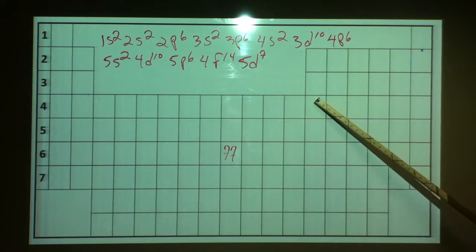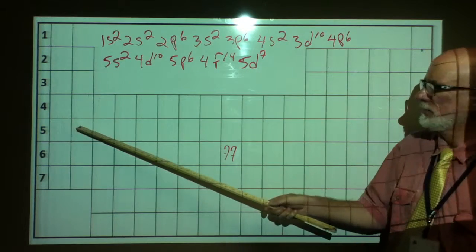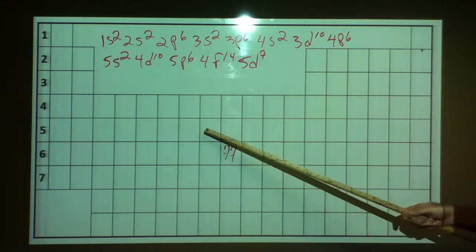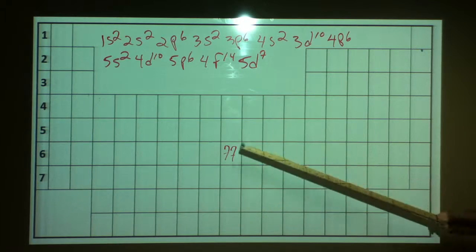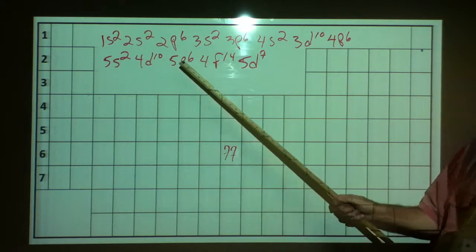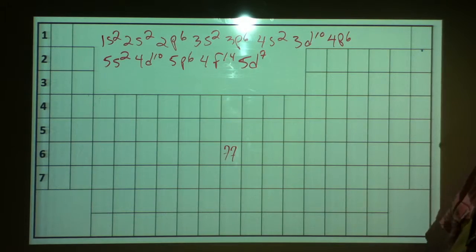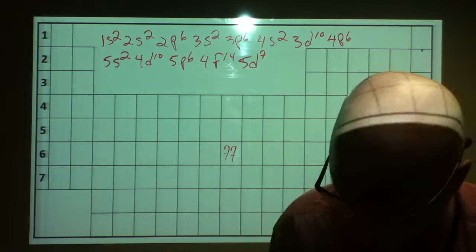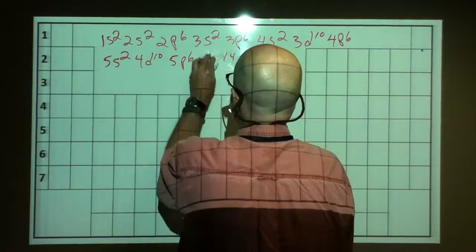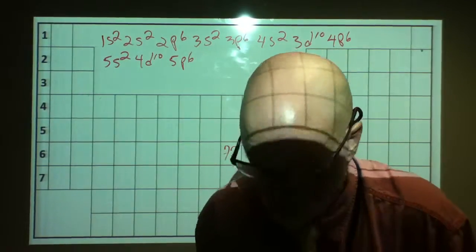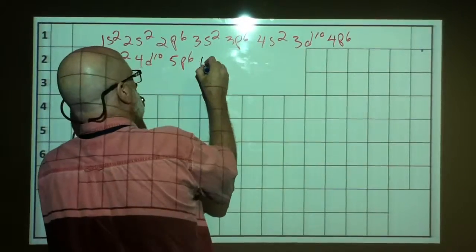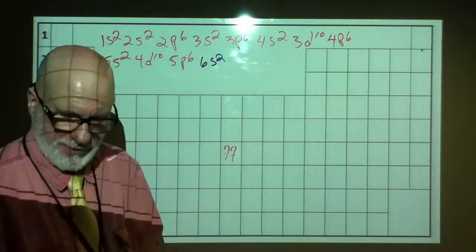4p6, 5s2, 4d10, 5p6, then 6s2. Do I have it? I didn't put 6s2. You always should go through this. So I'll put that down, 6s2, that'll be my mistake.